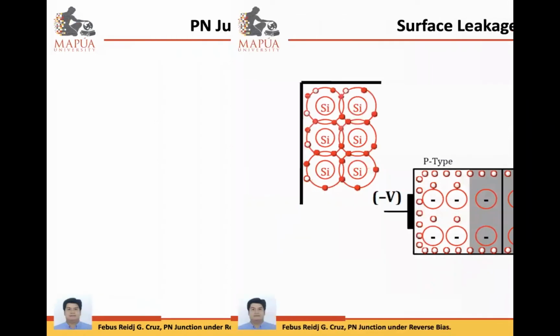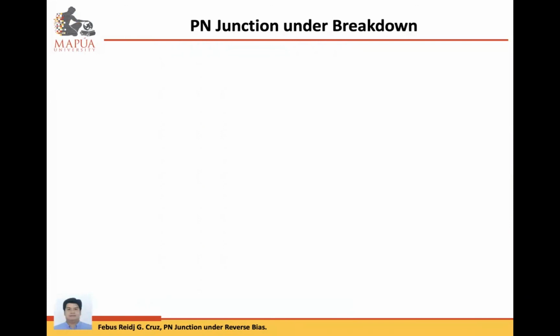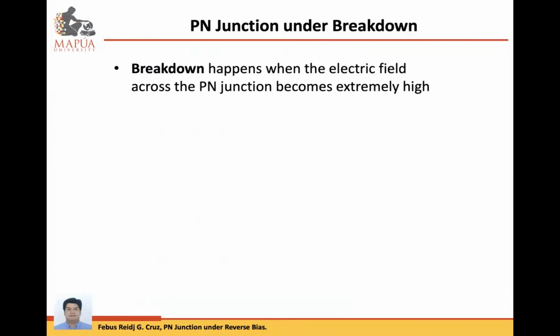And then finally, we have here the PN junction under the breakdown condition. Breakdown in a PN junction happens when the electric field across the PN junction becomes extremely high.